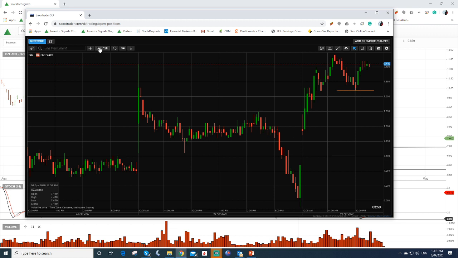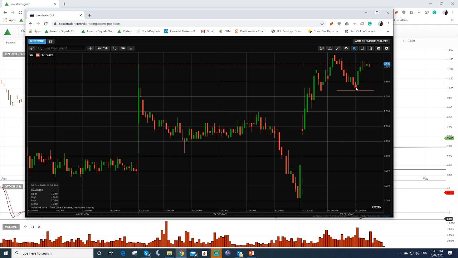So again, by going down to a shorter time frame, you're shuffling the stop loss up a little bit tighter, and in this case you're looking at the low from that, which is $7.32. So you're taking risk on by being long Oz Minerals above 7.32, and you're going to shut that out going into the close today.